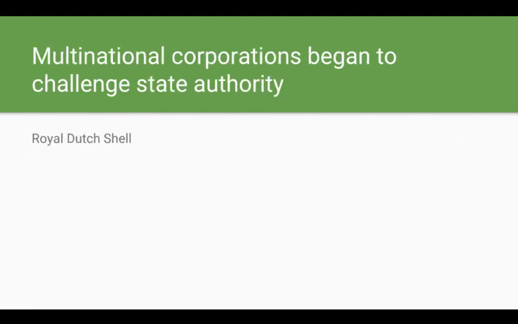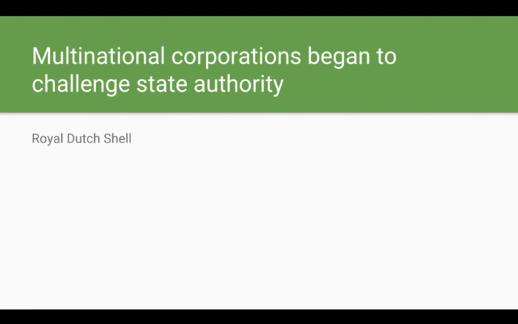So the successor in the globalization era of the transnational corporation is the multinational corporation. The idea with these is that they're so powerful that in some cases they're even more powerful than the countries they organize in. So Royal Dutch Shell is one example of those. In Nigeria, which is a large oil producing country, they have had quite a bit of influence politically over what goes on there.